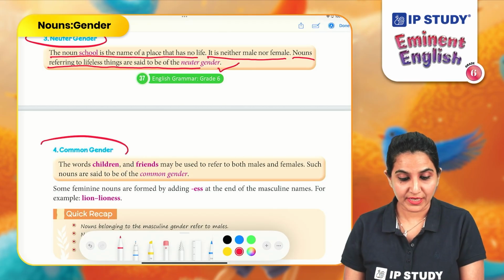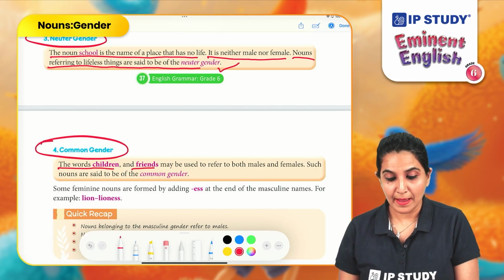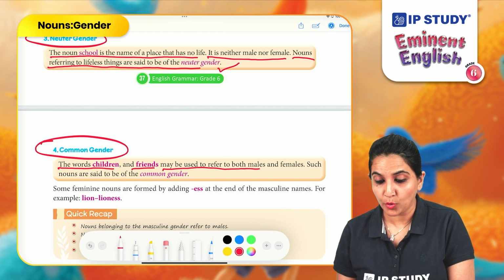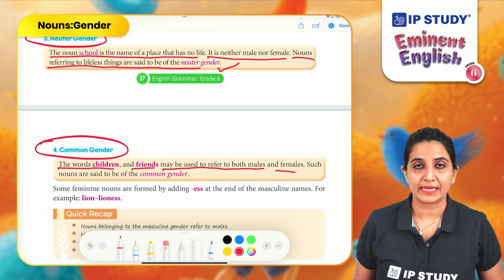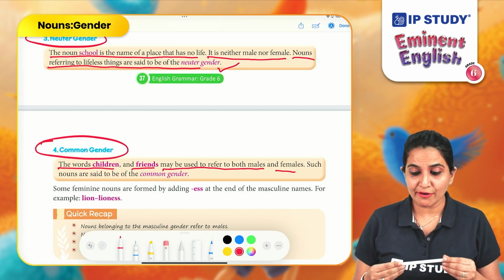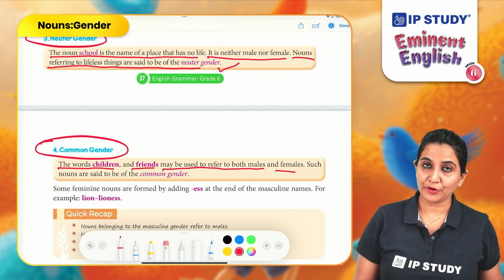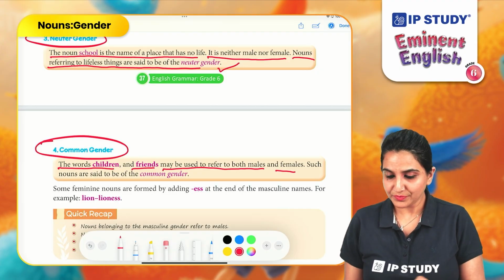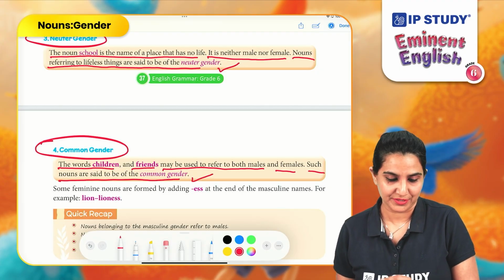Common genders. The words children and friends may be used to refer to both males and females. Such nouns are said to be of the common gender.